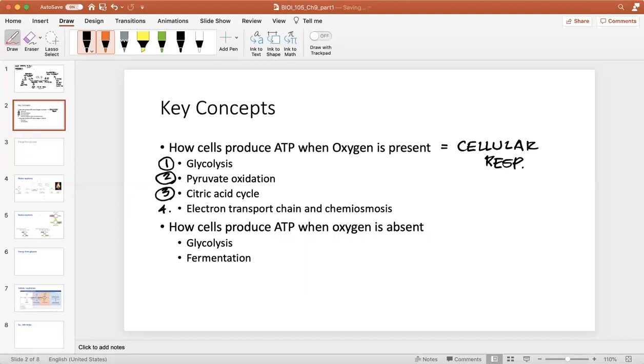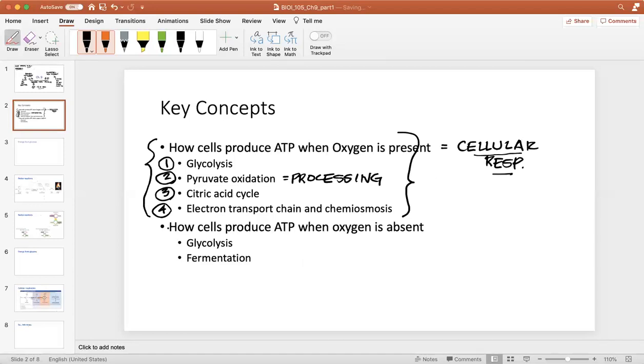The 4 steps are glycolysis, pyruvate oxidation, sometimes called pyruvate processing in your book, the citric acid cycle, and the electron transport chain. All of this requires oxygen and is called cellular respiration.